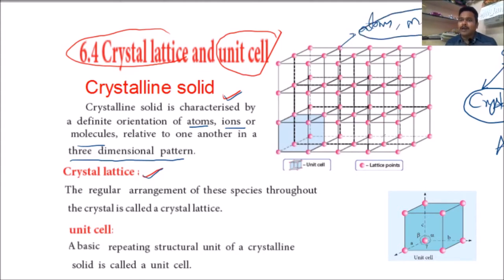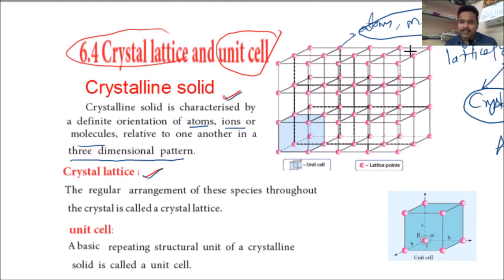All these are combinedly called lattice points. In this crystalline solid, there is an arrangement of atoms, molecules, or ions in a three-dimensional pattern with a definite direction, a definite orientation.